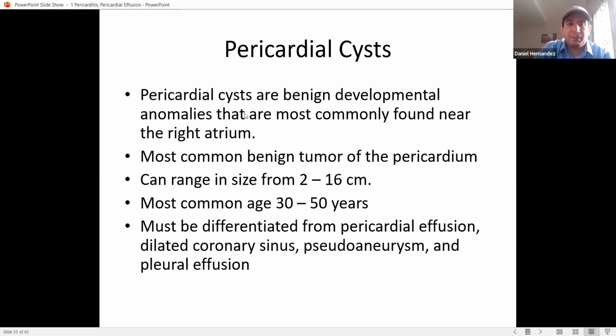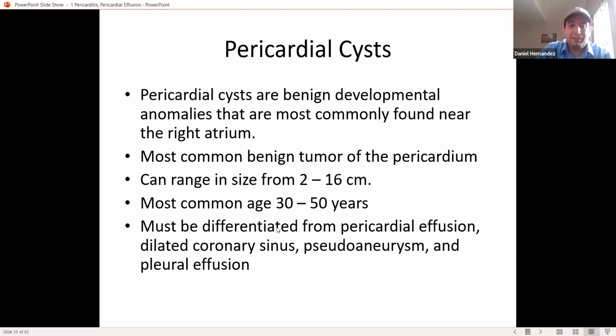Patients may also develop something called pericardial cysts. These are a benign developmental anomaly that are more commonly found near the right atrium. Pericardial cysts are the most common benign tumor of the pericardium. Just note that they can range in size, from as small as 2 centimeters to as big as 16 centimeters.